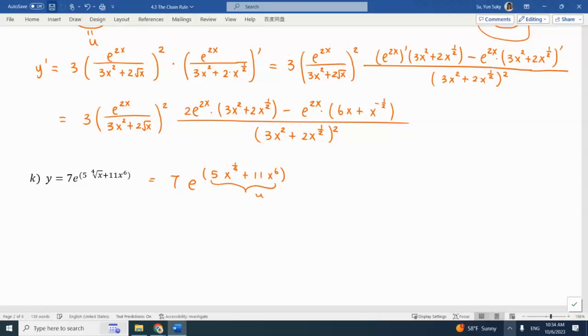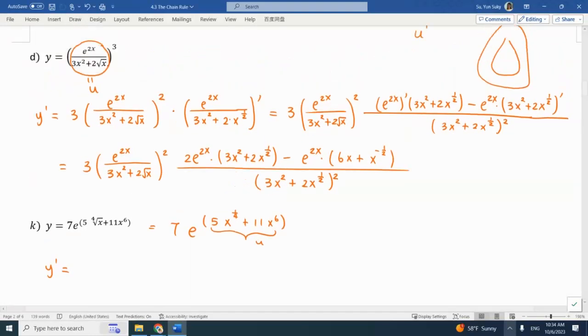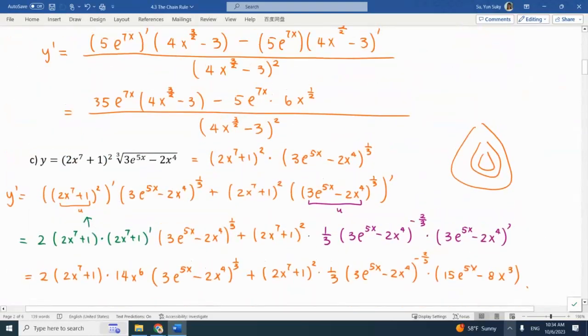Okay, so this is u. And the derivative, what's the derivative of this? Do we have products? So 7 e to the u, what's the derivative? So what's the formula?